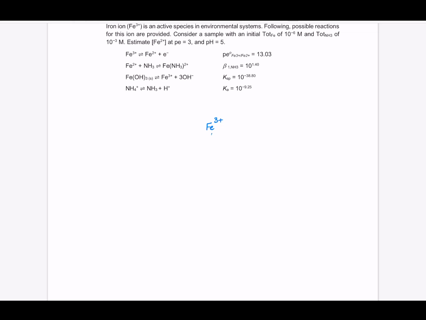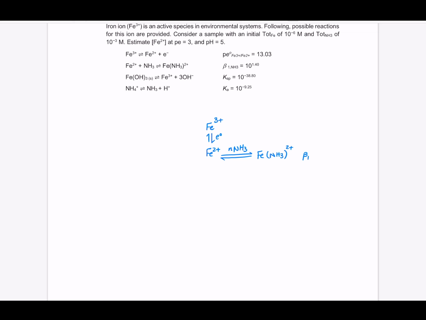So Fe3+ is in redox equilibrium with Fe2+, so that's reaction 1, with E0. Then reaction 2 is complexation of Fe2+. Again, I'm highlighting this to show this is not Fe3+, so Fe2+ is in equilibrium with ammonia, giving us FeNH3 2+, this would be beta 1.